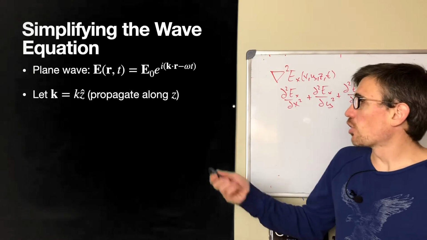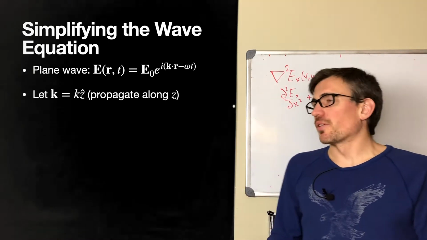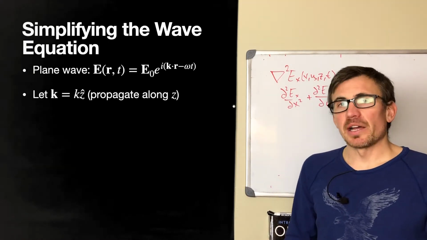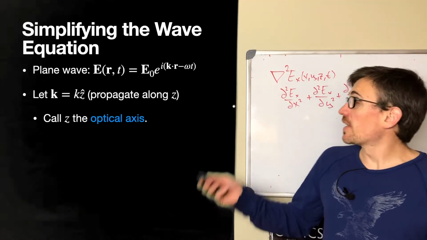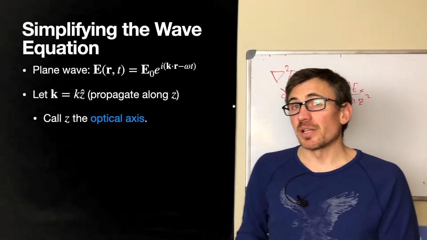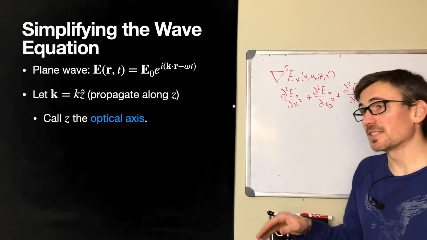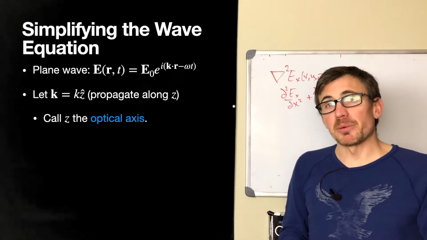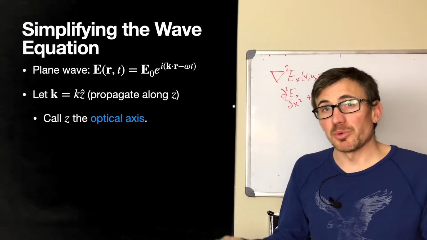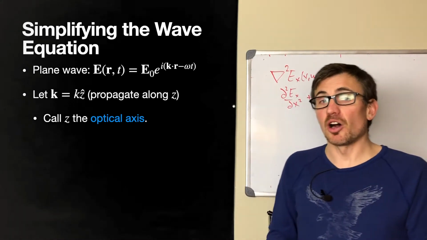So we're going to say let it propagate along z, whether it's z or x or y or 30 degrees between y and z. It doesn't really matter. Either way, we're going to give that a special name called the optical axis. The optical axis is the axis along which light is propagating. So in this case, the z-axis is the optical axis.